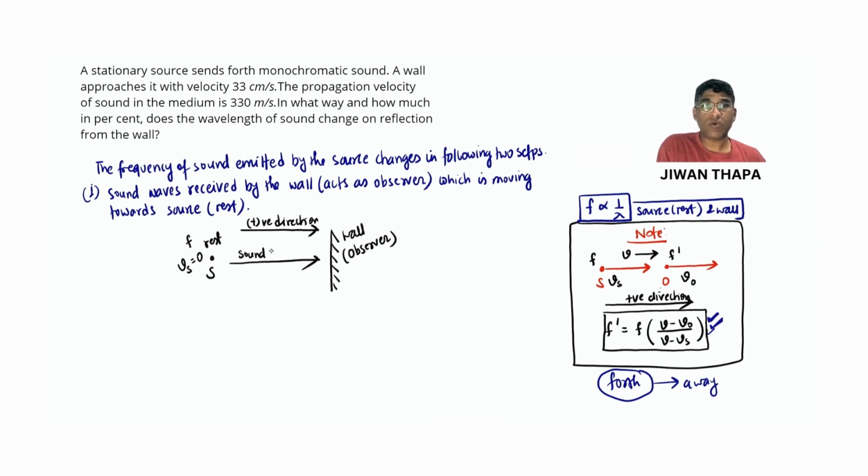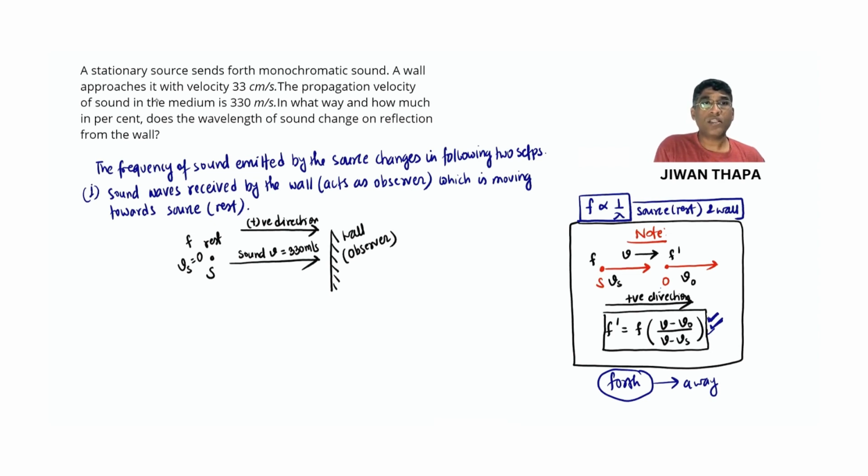The velocity of sound, v, is 330 meter per second. Clear?